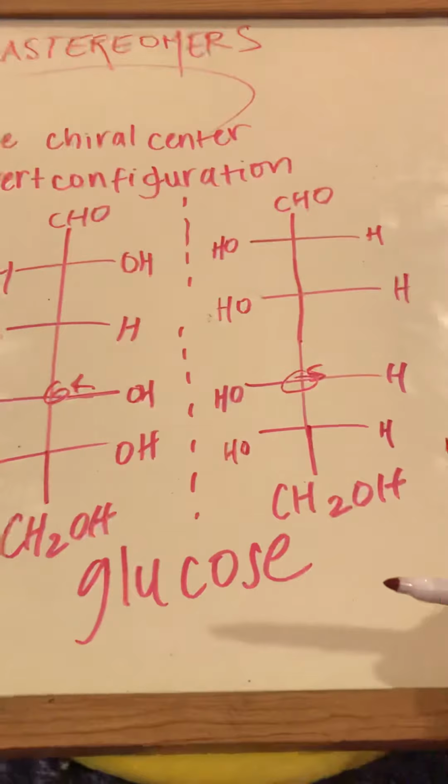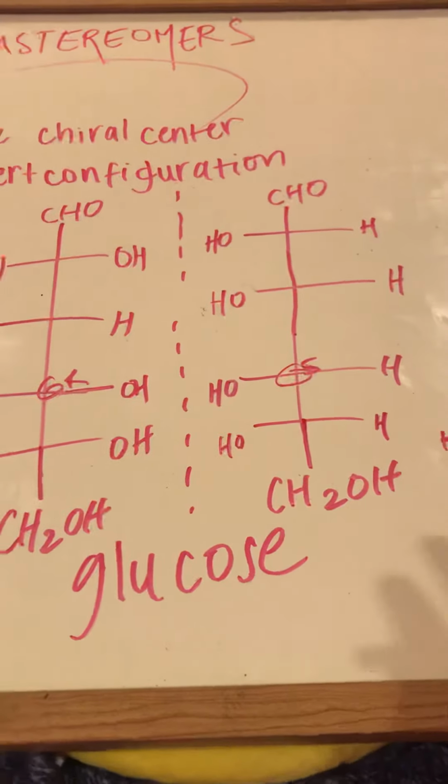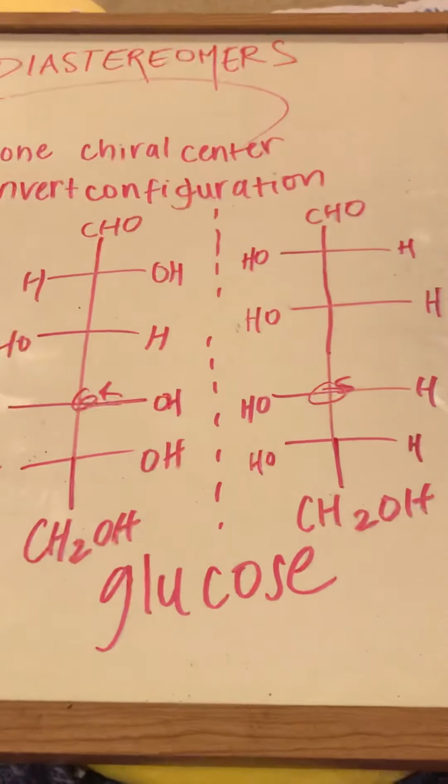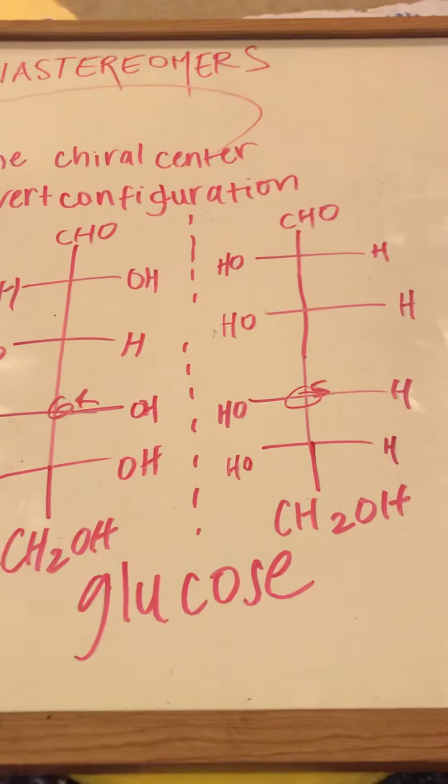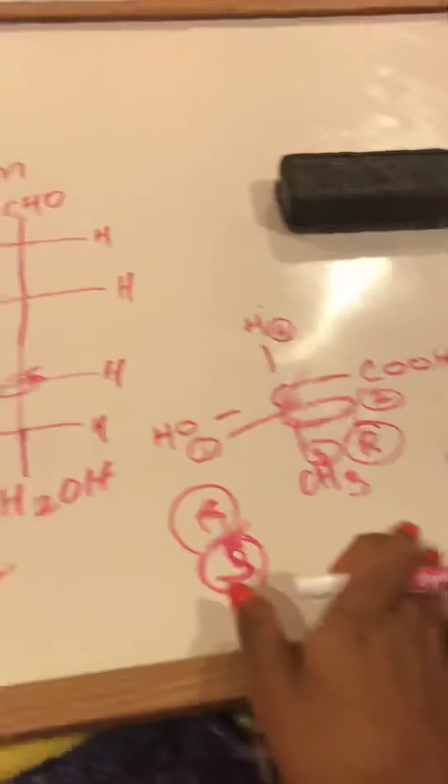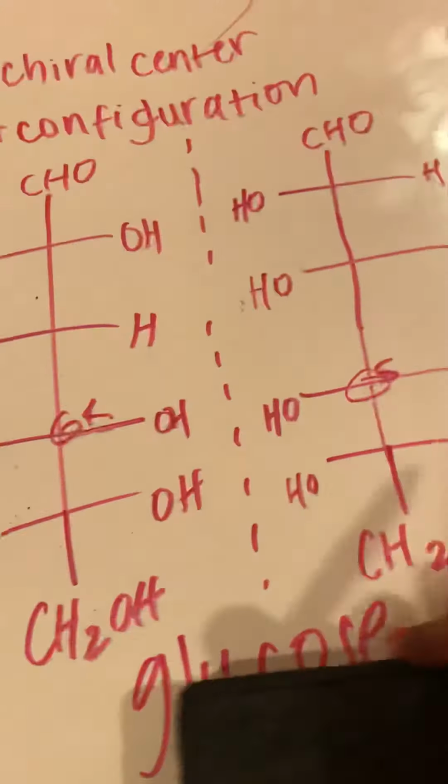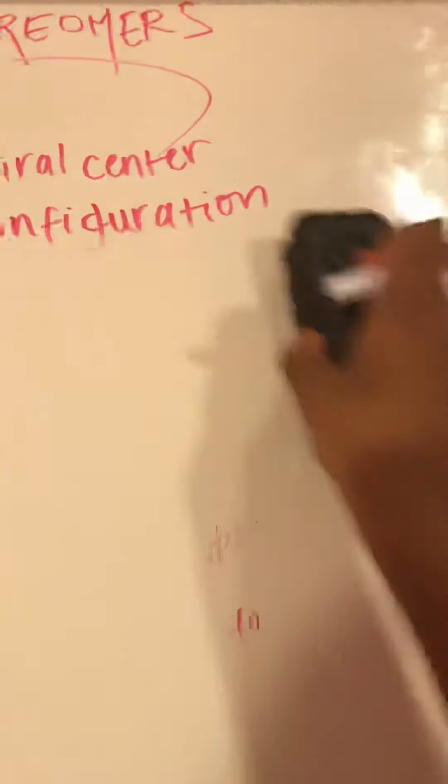To go into a little more detail about the R and S classification, I'm going to do a few more examples with the exact same groups that I used here, just to keep it simple. Try to follow along, and hopefully that'll give you a better idea of how to do R and S classification and determine diastereomers.